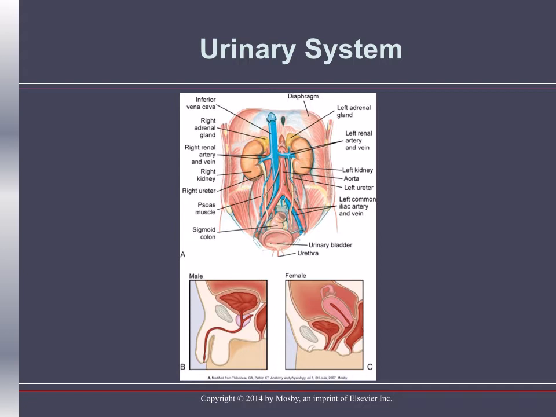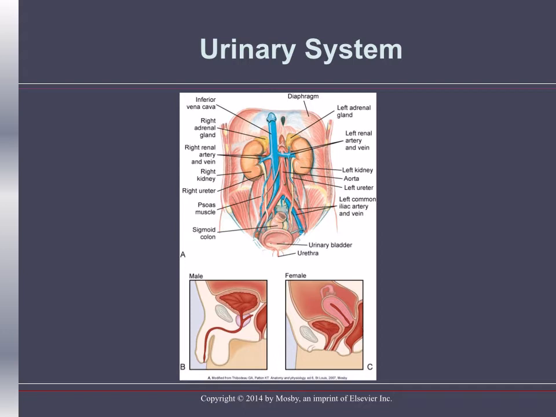That means behind the peritoneum, on either side of the vertebral column, from T12 to L3. Each kidney weighs around 4 to 6 ounces, roughly 115 to 175 grams, and is about 5 inches long. The right kidney is at the level of the 12th rib, and the right kidney is lower than the left kidney.